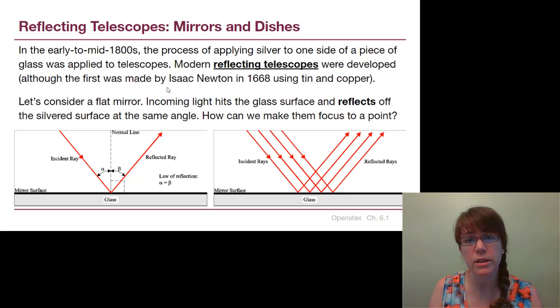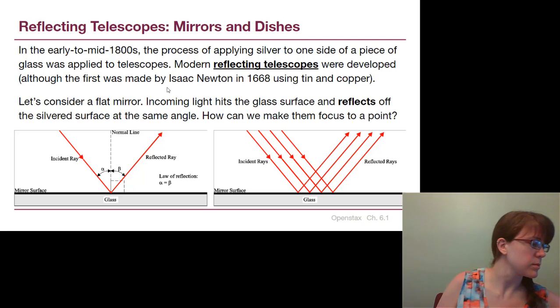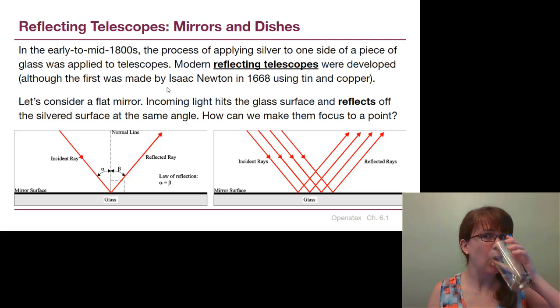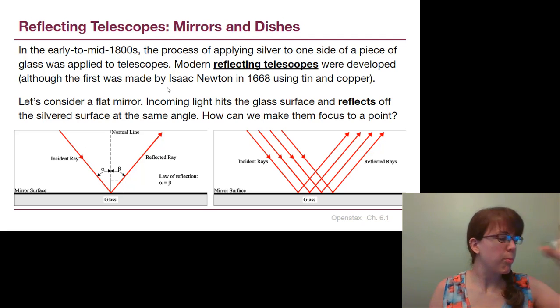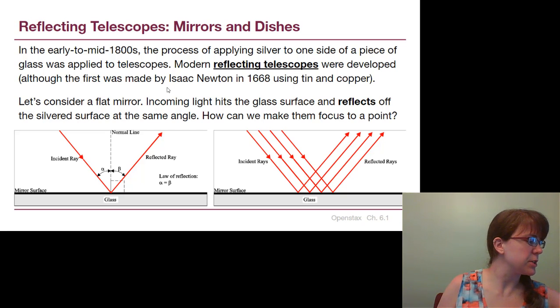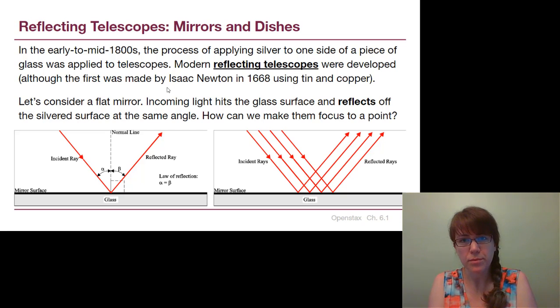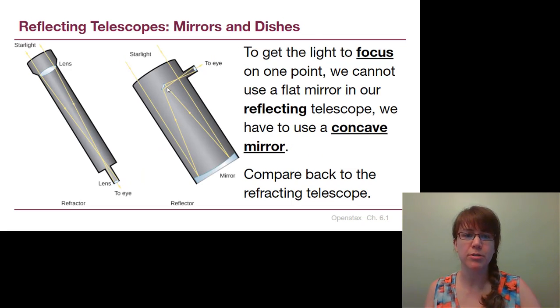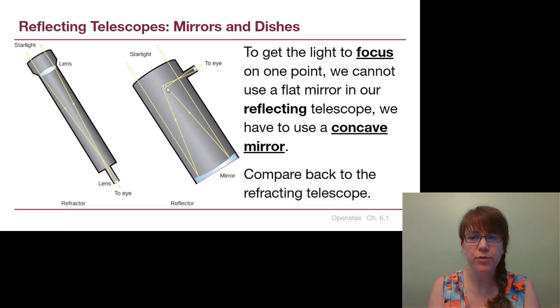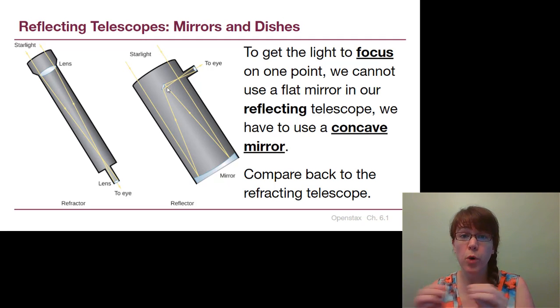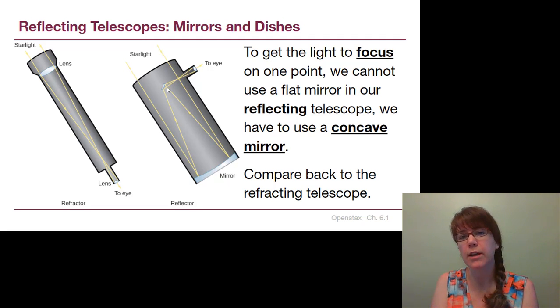So what can we do to make these lines focus to a point? If you thought to yourself, well, what if we curve the mirror? You're absolutely right. In order to get the light to focus to a single point, we can't use flat mirrors. We need to use a concave, but curved is the key part, curved mirror.